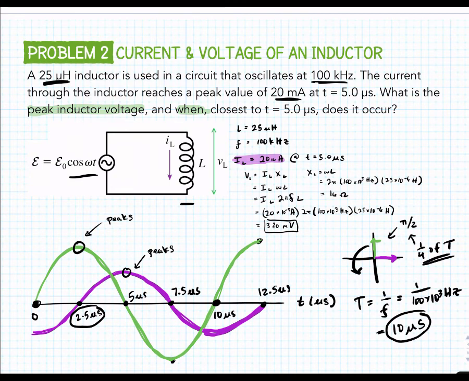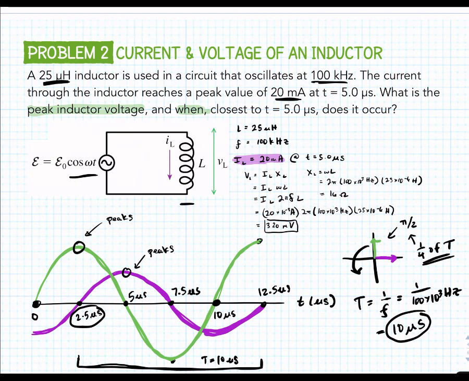So, for instance, when does the current peak again? If your current peaks at 5 microseconds, when does it peak again? A whole period later, so 15 microseconds.